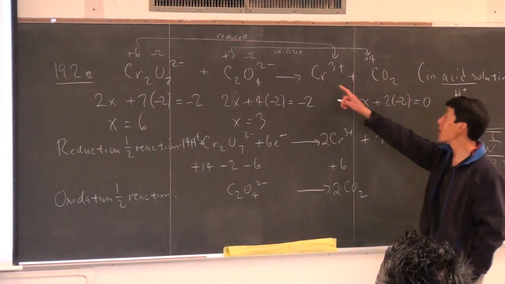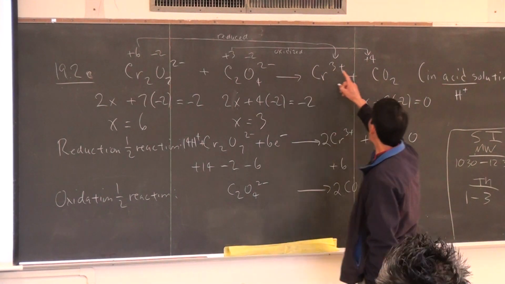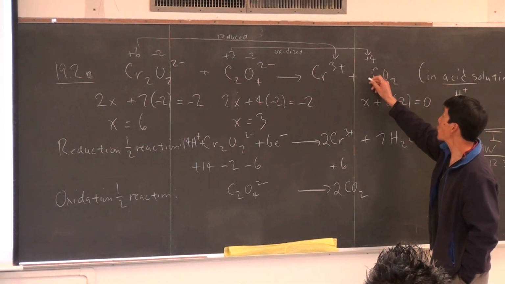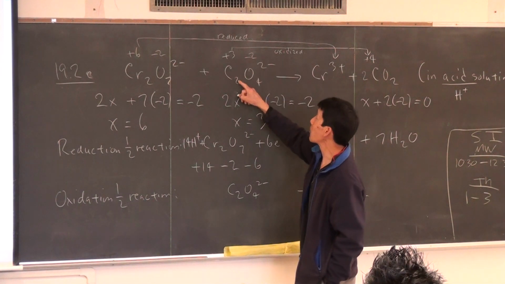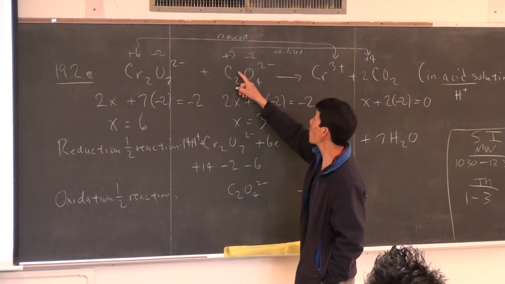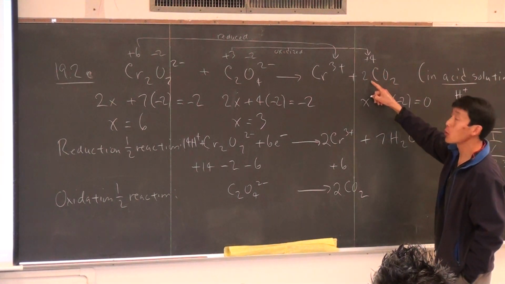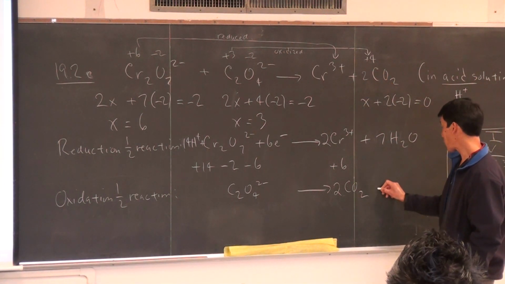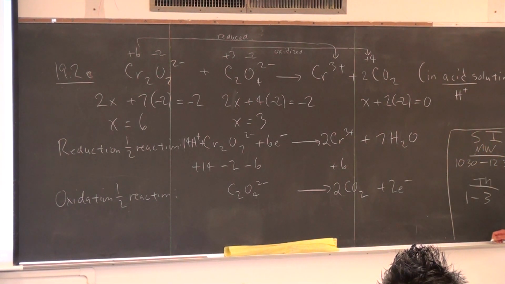Note that we said that one carbon has a +3 charge, and it goes to a +4 charge here. So we put a 2 here. That means 2 carbons at +3 times 2 is +6. So it goes from a +6 charge to a +4 times 2, which is +8. So +6 to +8 is 2 electrons. We put 2 electrons here. So that means the oxalate ion is losing 2 electrons.